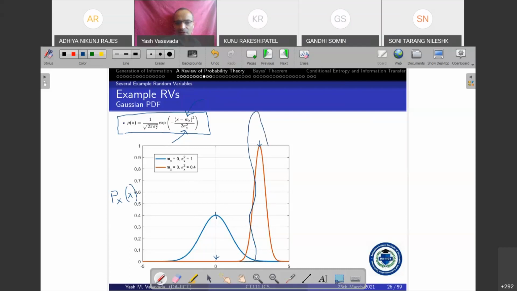Sorry for my drawing problem. It's not the right way to draw it, but you get the idea, right? It's going to be highly confined. Maybe I should say that in the limit that variance becomes 0, the PDF is going to be just a straight line.